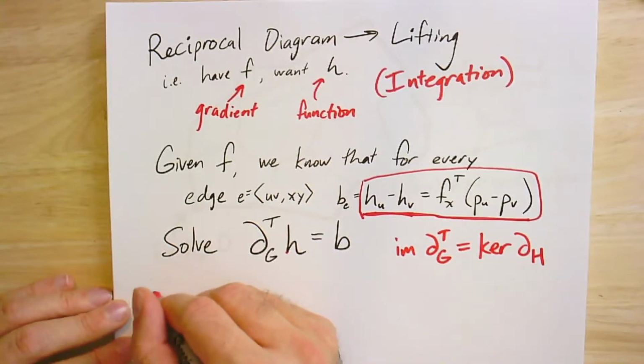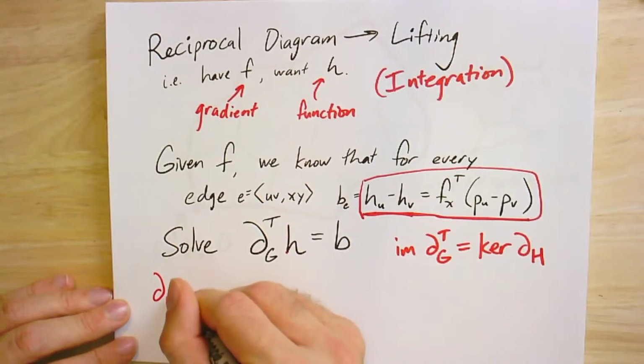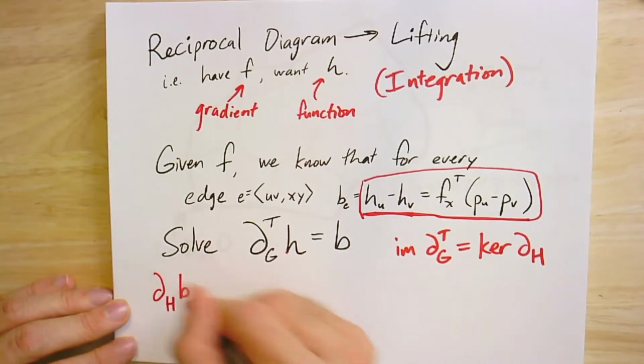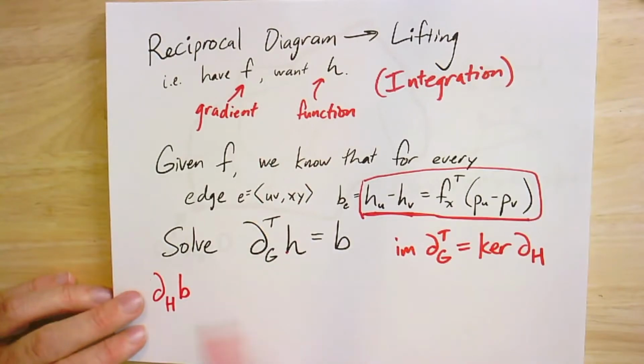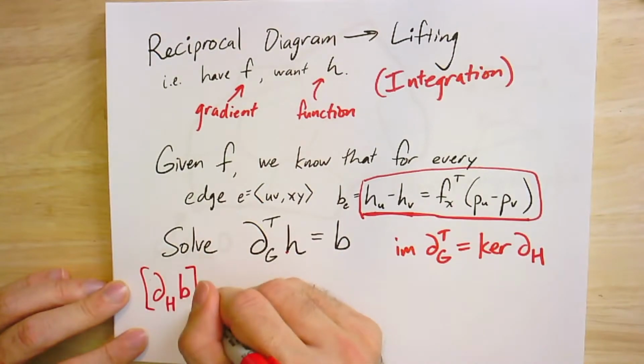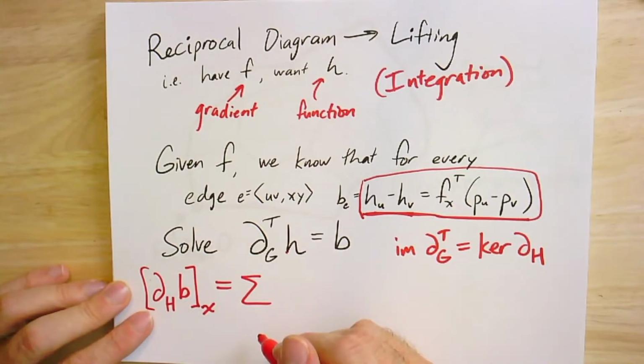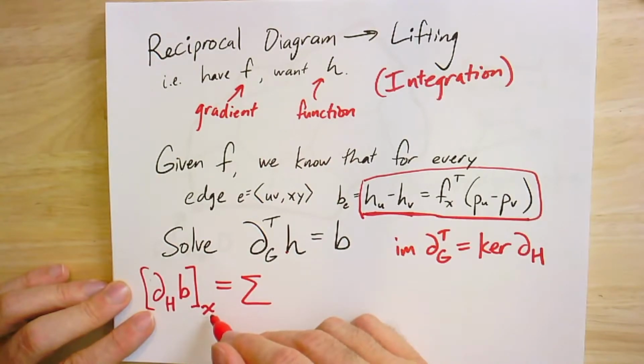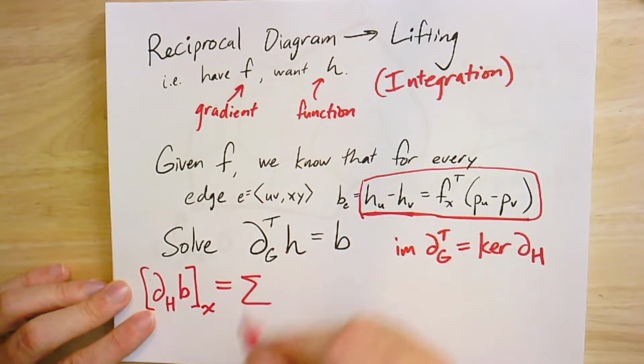So let's try that. So if I do dh times b, this is going to be a vector with, what is it? It has an entry for every face. So let's pick out some particular face x. So this boundary is going to sum up over all the neighbors of x in h of whatever b is, right?